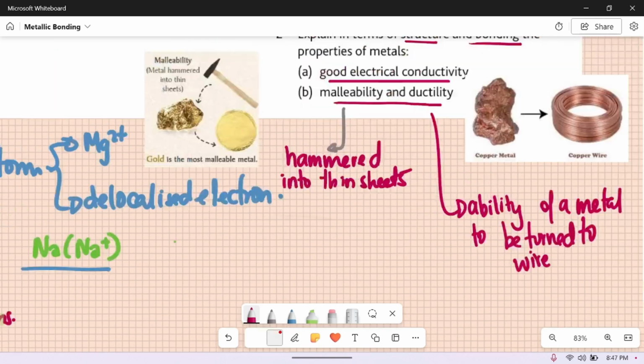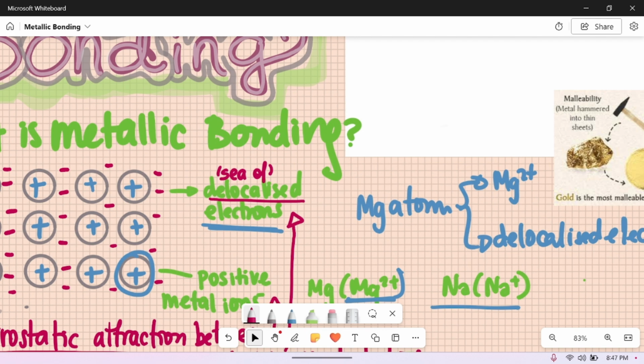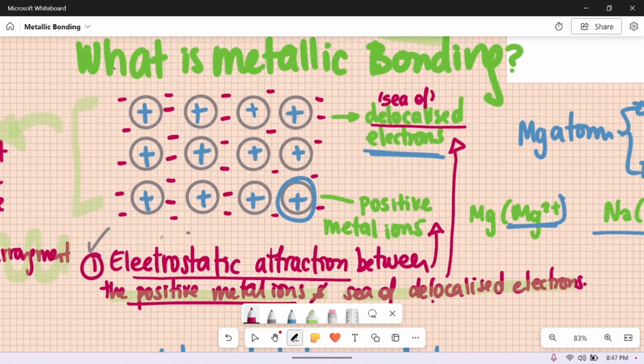Now I want you to look at the structure yet again. We're going to go back to the structure all the time because that's how you can also understand the bonding here.